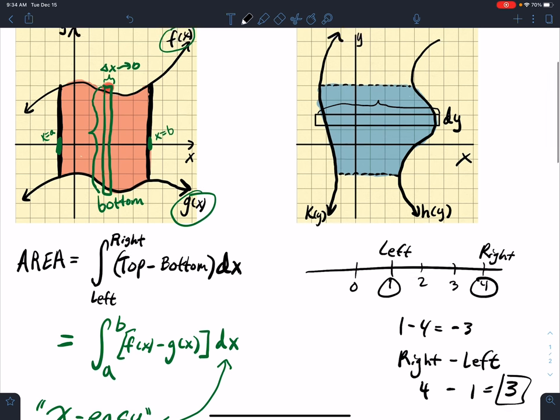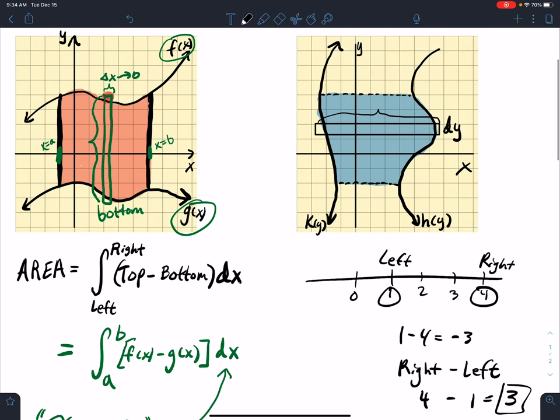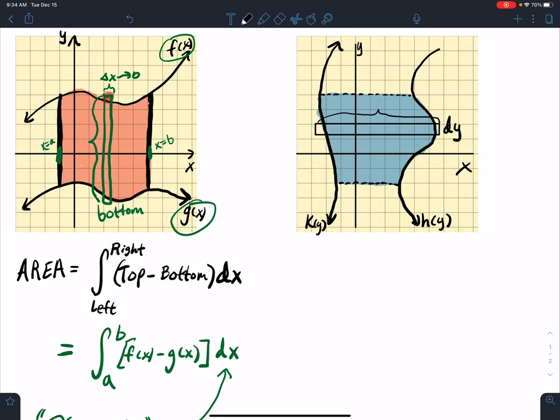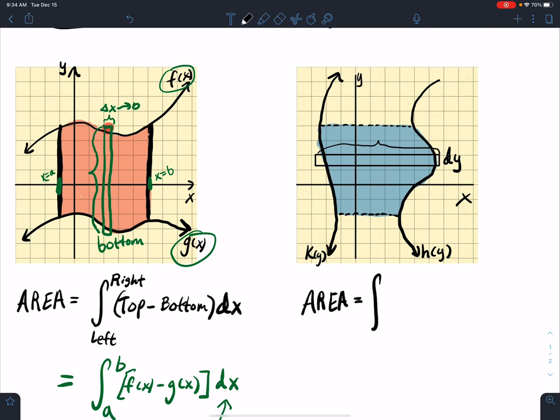Sorry, I jumped ahead there in my head. Okay, so I do the right function minus the left function. Okay, so the area here is equal to what? It's the right, h of y, minus the left, k of y.